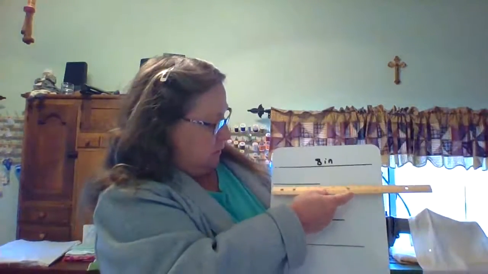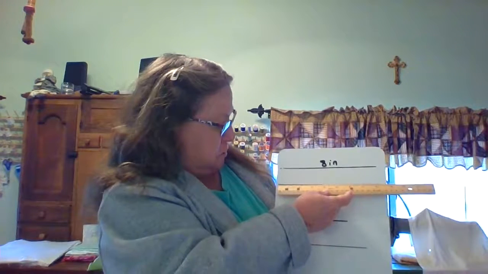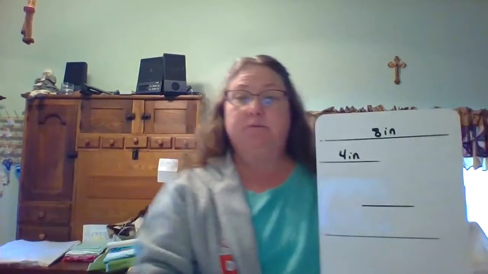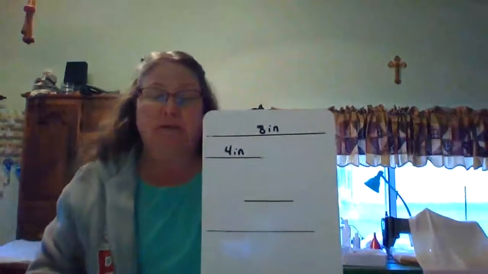And then I have the second line. This line I'm going to measure, just like I did my first one. And this one is 4 inches. So I'm going to mark that as 4 inches. Well, they want to know what the difference is between the two lines. What is the difference between the two lines?